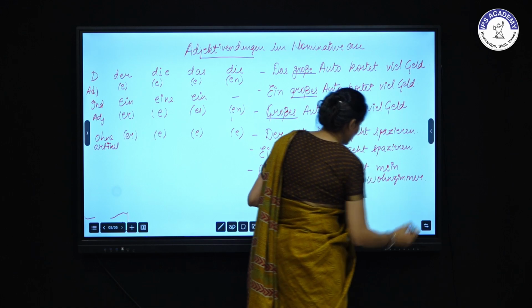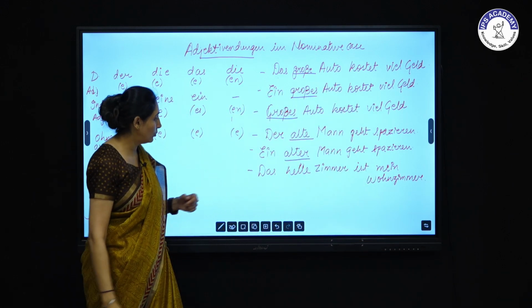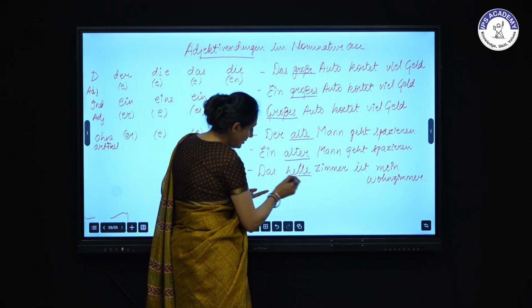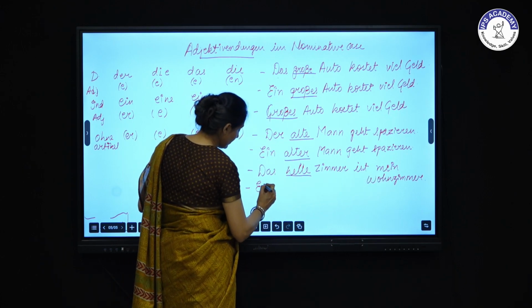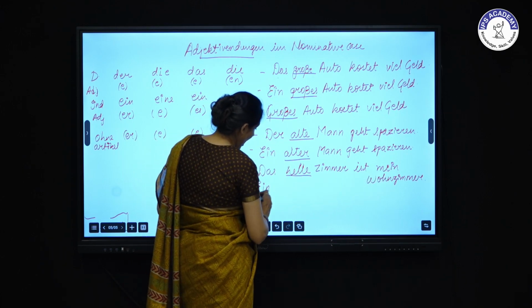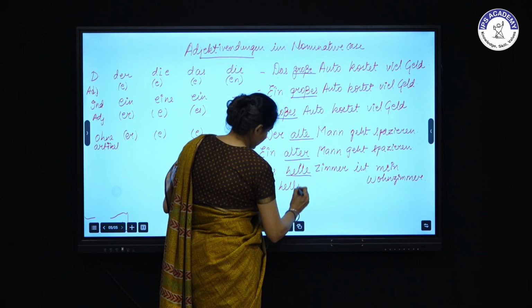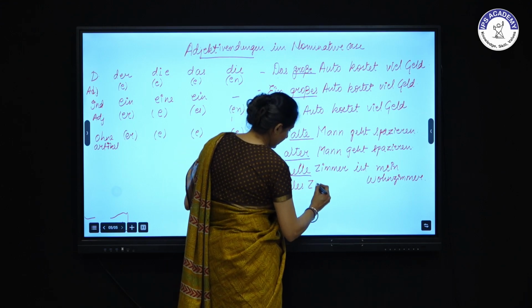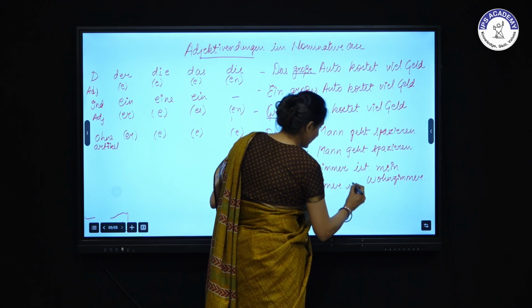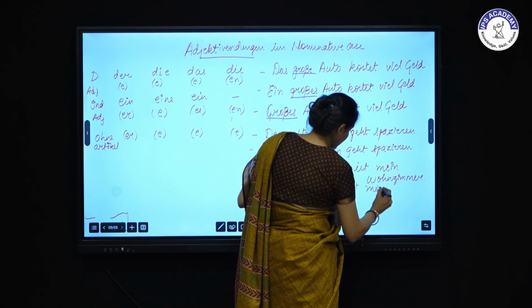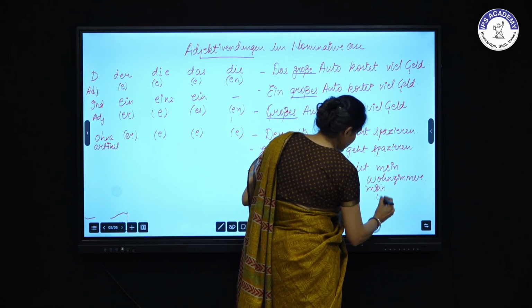The bright room is my living room. Das helle Zimmer ist mein Wohnzimmer. But the same if I take it with the unbestimmter, ein helles Zimmer ist mein Wohnzimmer.